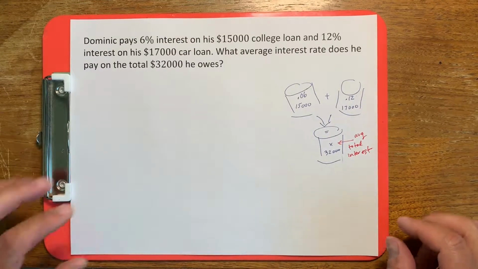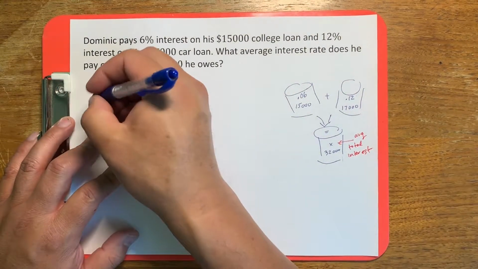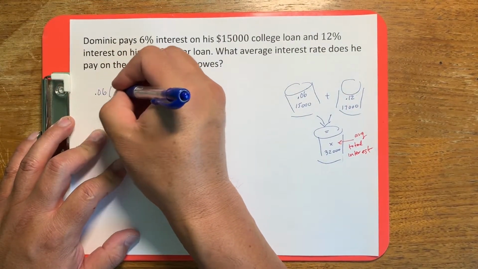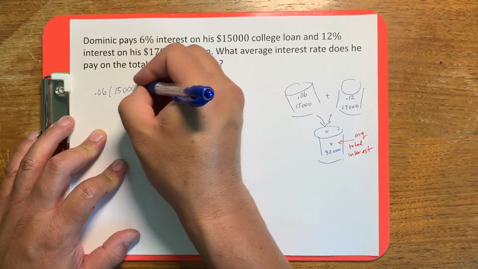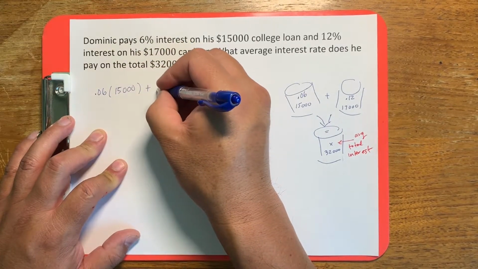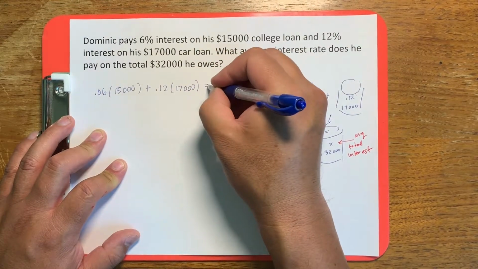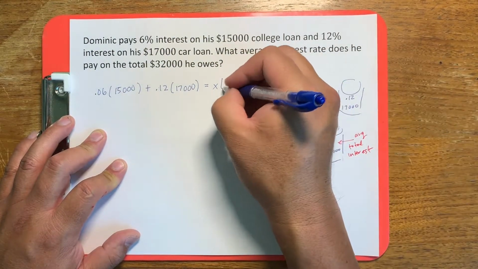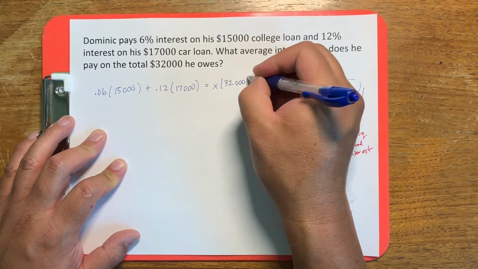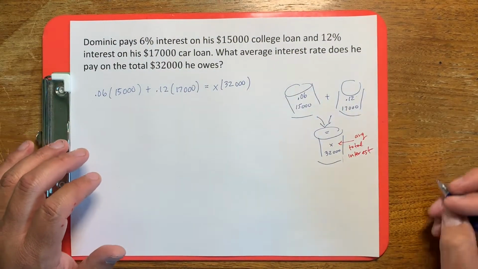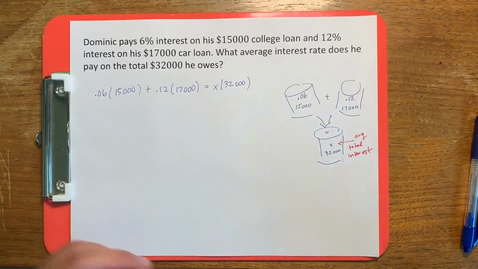Okay. Now, so let's solve this problem. We have 0.06 times 15,000 plus 12% at 17,000 is equal to X percent at 32,000. Now, let's multiply everything by 100.